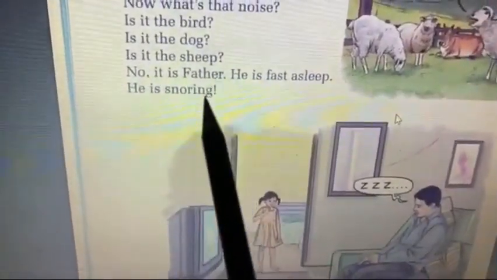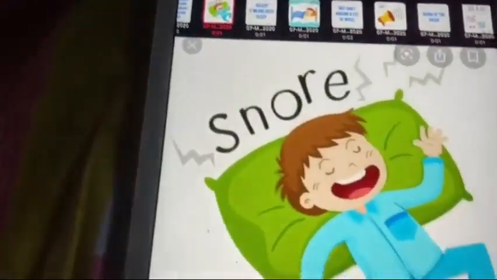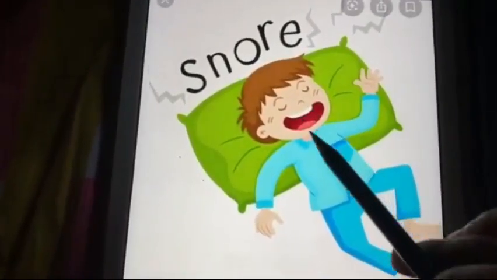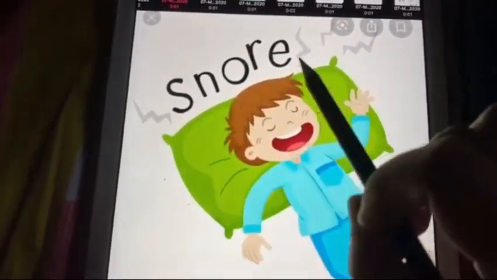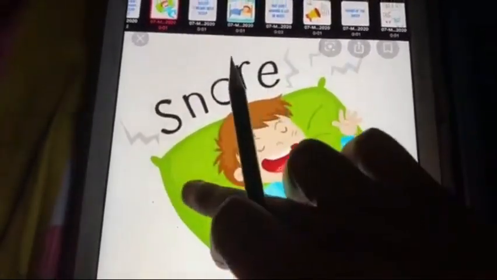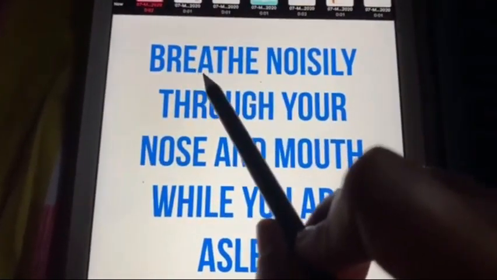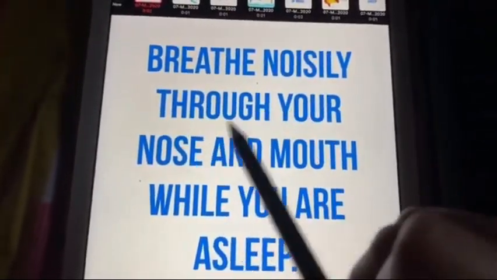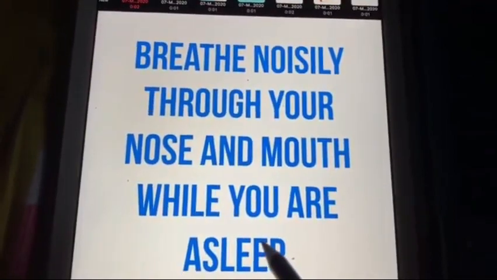He is snoring. What is this word snoring? Let's see. Look, this boy is also sleeping and the sound of snore is coming out of his mouth or nose maybe. Let's see. Children, snoring means to breathe noisily through your nose and mouth while you are asleep.